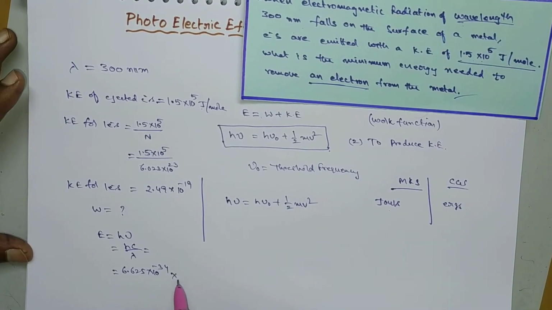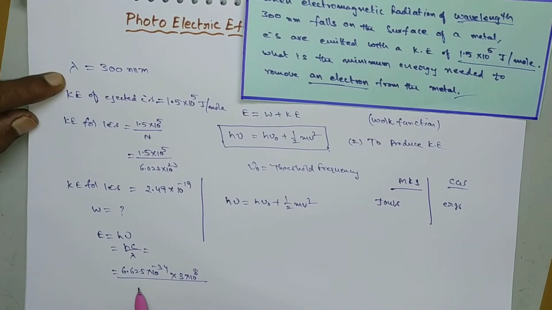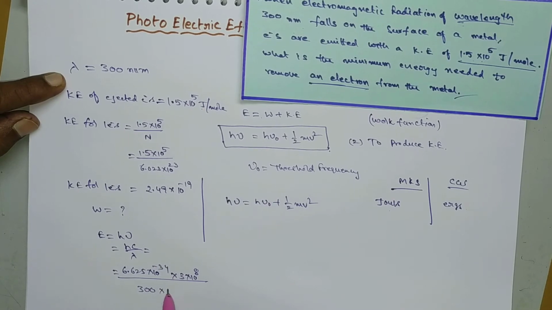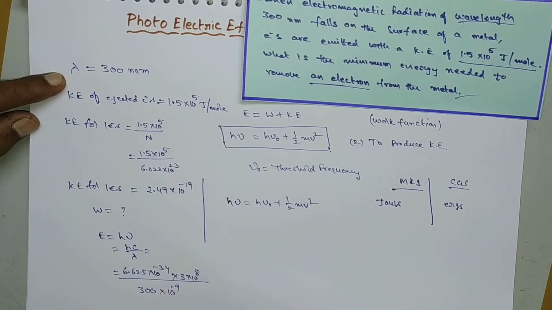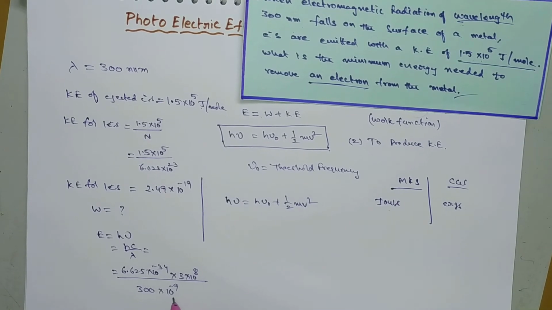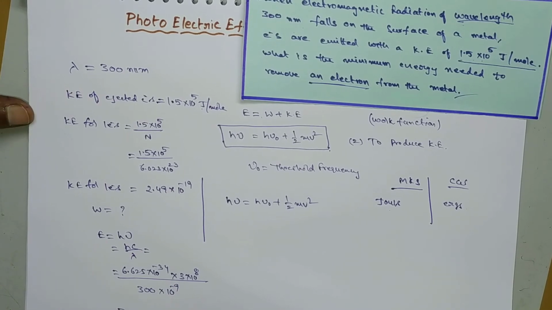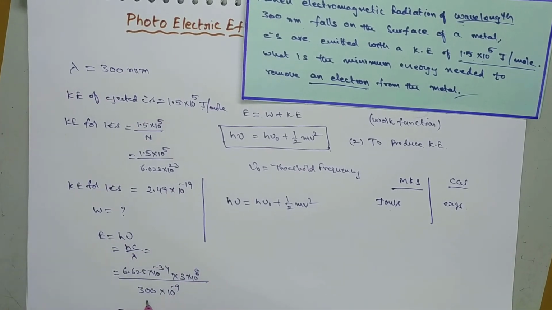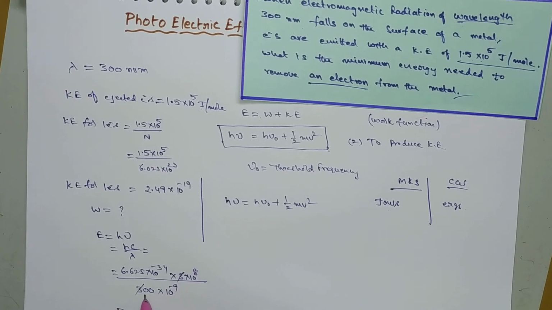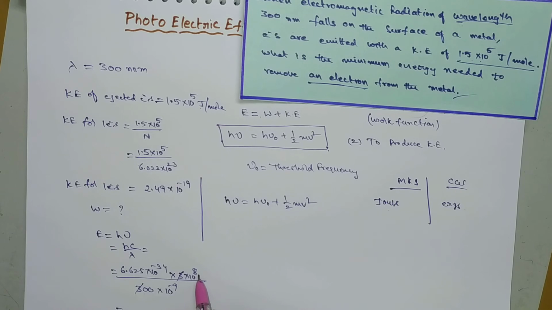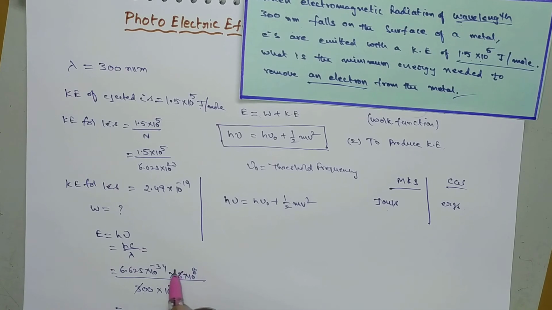10 power minus 34 into, in MKS system, velocity of light is 3 into 10 power 8, upon lambda, which he gave as 300 nanometers, that means 300 into 10 power minus 9 meters, in MKS system. So upon simplification, 3 upon 3 gets cancelled, and 100 means 10 square, so 10 power minus 7, and minus 7 plus 8 gives 10 power plus 1, and so on.